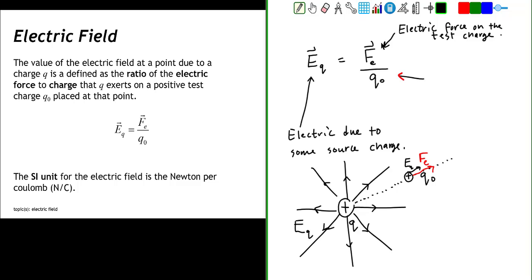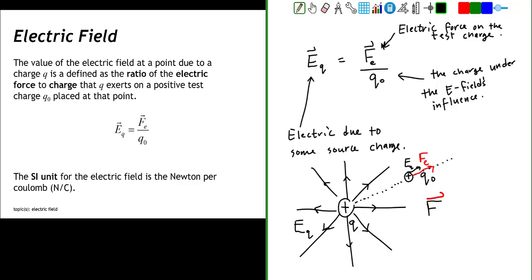So this is the charge experiencing or under the influence of the electric field. The charge under the influence of the electric field. So you would say that the electric field is external to our source charge.